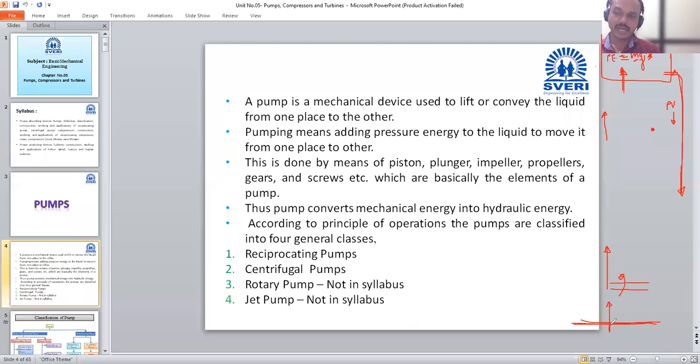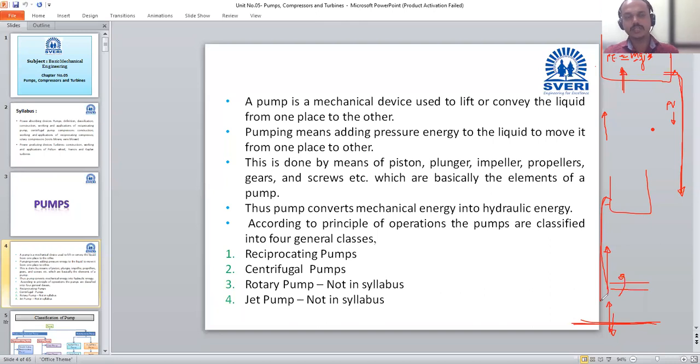With that we add pressure energy to the water, and due to that pressure energy, water can be lifted to a certain height, from a lower level to a higher level.